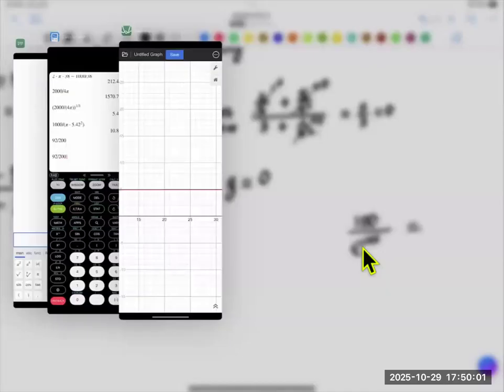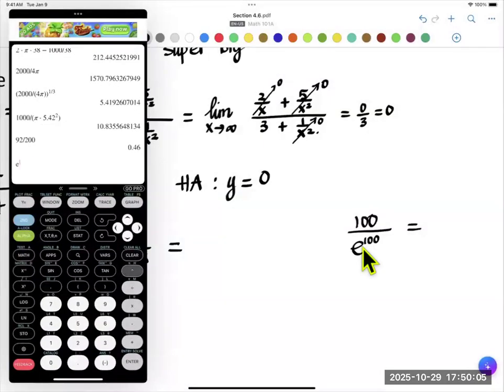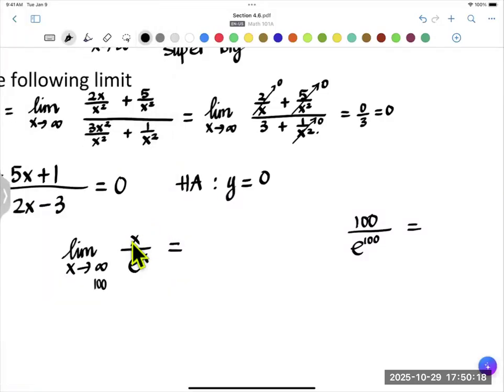What is e to the power 100? It's going to be around 10 to the power 43. It's huge. So the numerator is growing big, but the denominator is even bigger. Then the limit of this will be 0.